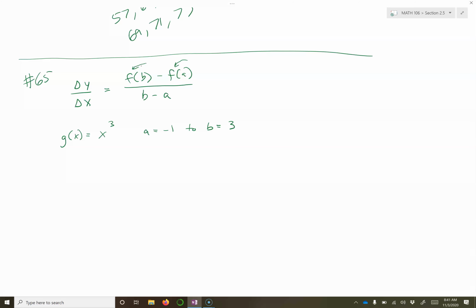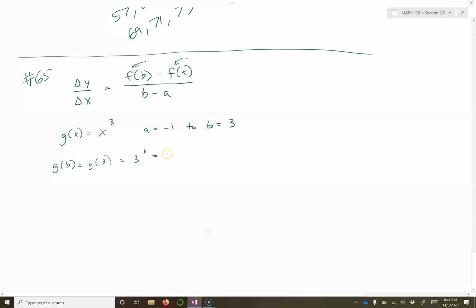So I'm going to find g of b, which is really g of 3. We're just plugging it into the function, so it's 3 cubed. 3 times 3 times 3 gets you 27. Then I have to find g of a, and a is -1, so I get -1 cubed, which is -1.